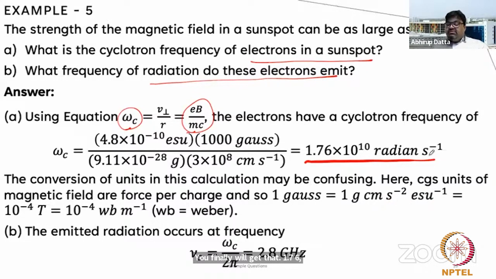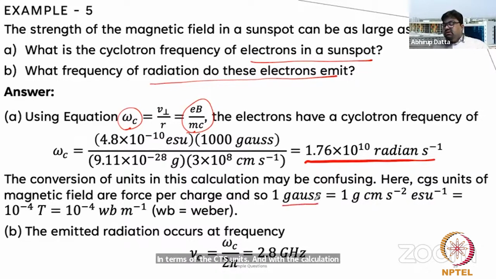The conversion of calculation may be confusing. Here, the CGS units of magnetic field are force per charge. So one Gauss is so and so, and you just rearrange. You have to express the Gauss in terms of the CGS units and do the calculation.